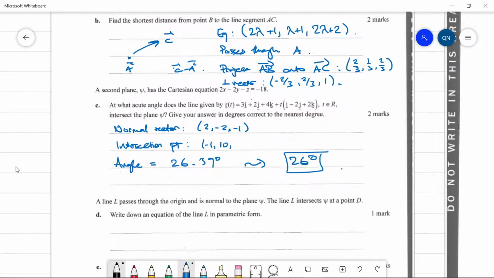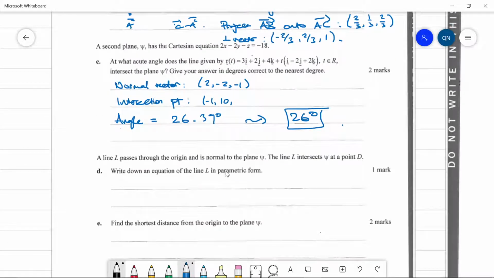A line L passes through the origin and is normal to the plane psi. The line L intersects psi at point D. Write down the equation of the line L in parametric form. So the line L passes through the origin and is normal to the plane psi.